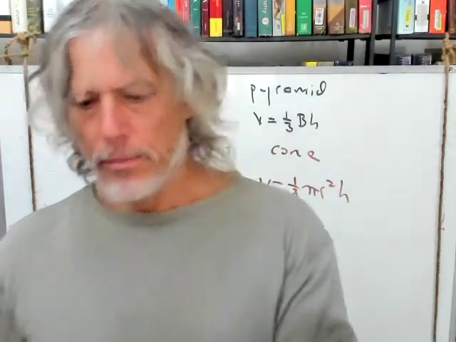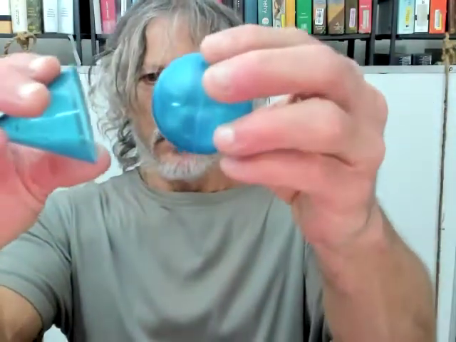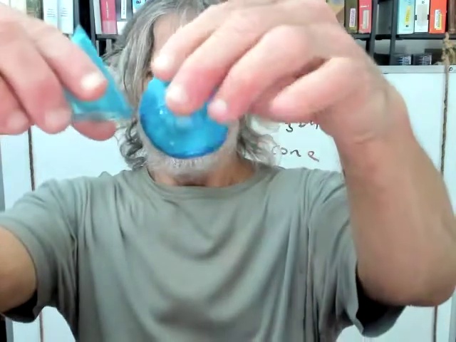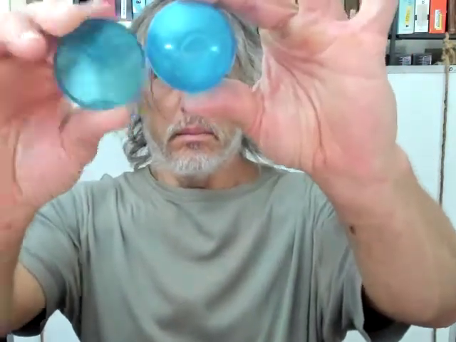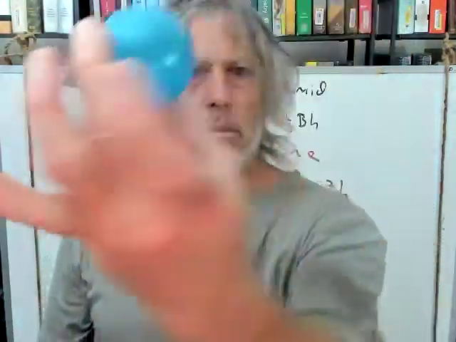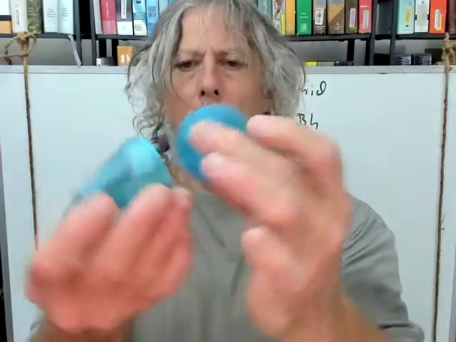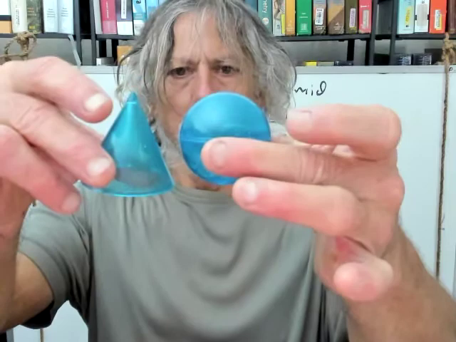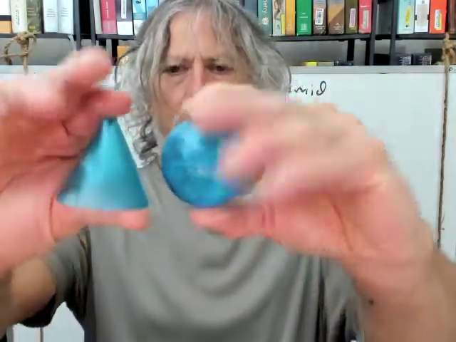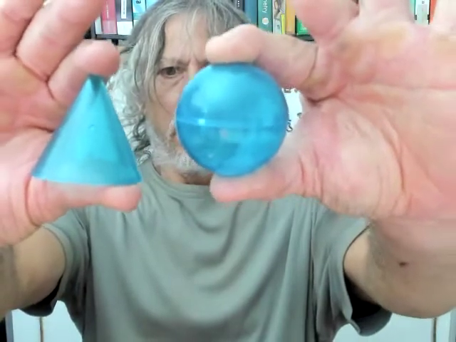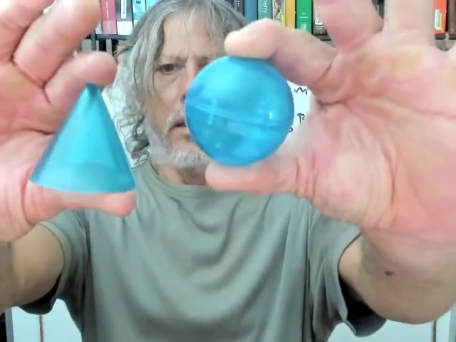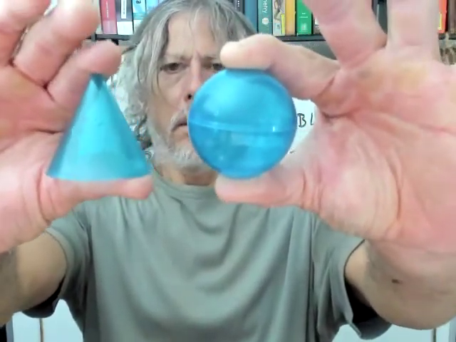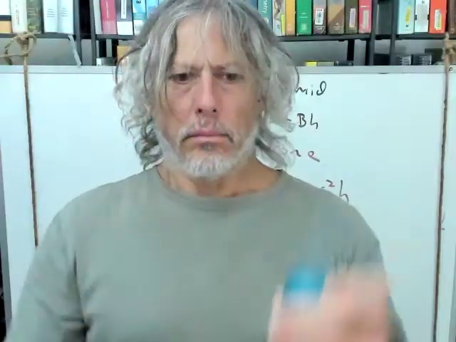Likewise, if we get this, the circles are about the same radius. You can see. Okay, and then the height of this has to be the diameter of the sphere. The sphere and the cone are the same up and down. Diameter of this equals height of this.